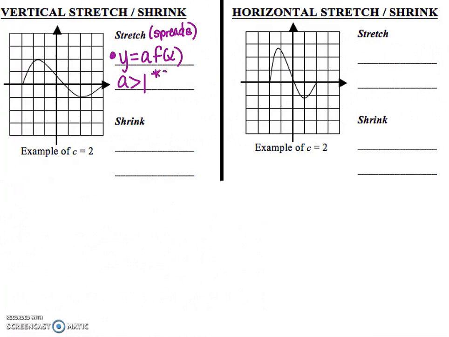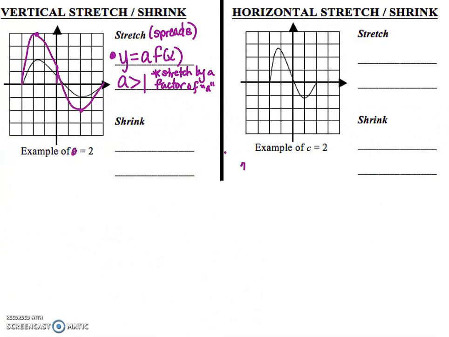Okay, and it's going to stretch our graph by a factor of A. So whatever A is, it's going to do that to it. So perhaps we say that A is 2. So our graph would look something like that if we had a vertical stretch.